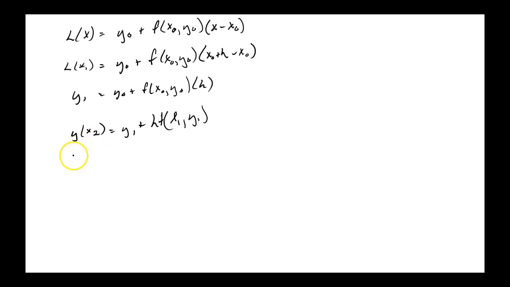So basically your formula is y sub n plus 1 is equal to y sub n plus h times f of x sub n, y sub n.